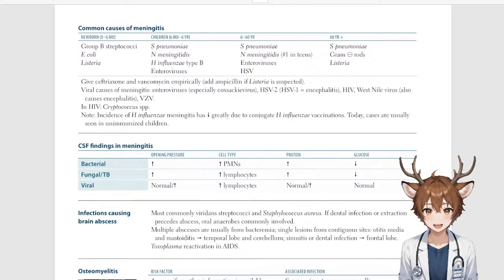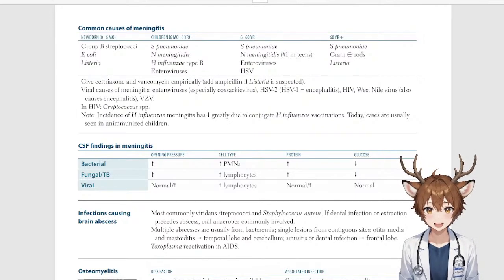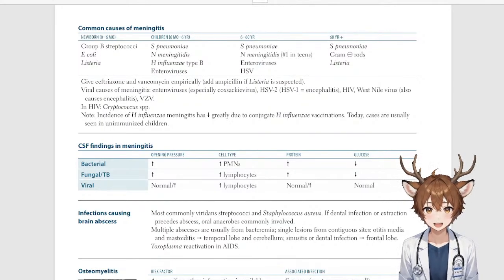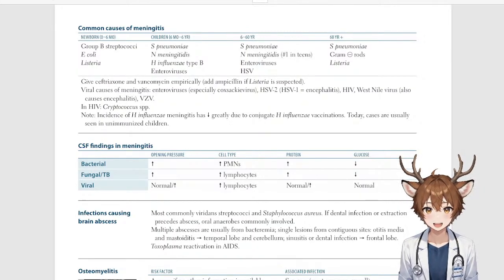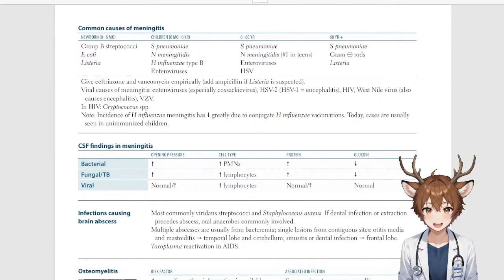Now you have the older stuff like group B strep and H flu, which you were seeing probably when you were 6 months to 6 years. The biggest things to focus on is that after 6 months, the biggest causes of infectious meningitis are going to be strep pneumo and Neisseria meningitidis.